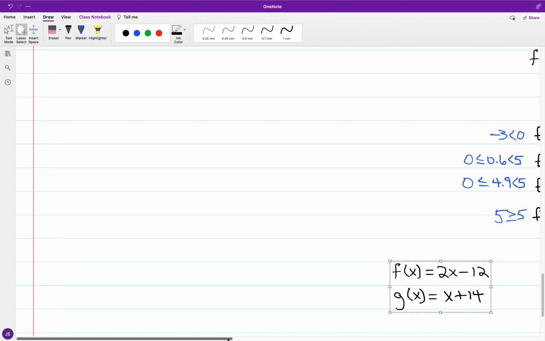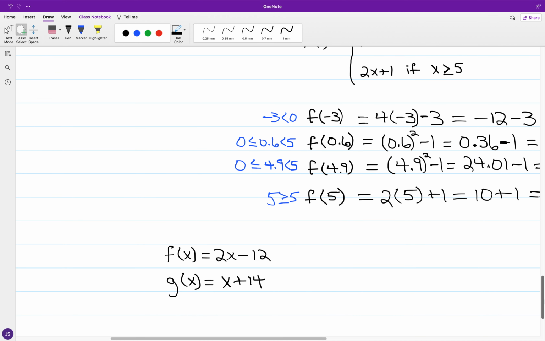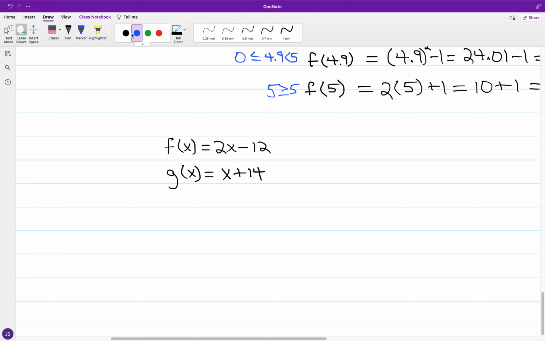Okay, so we have f of x is equal to 2x minus 12, and g of x we have equal to x plus 14. Okay, and for what we have in the case of number 11, again we have f plus g of x, and 12 we have f minus g of x.